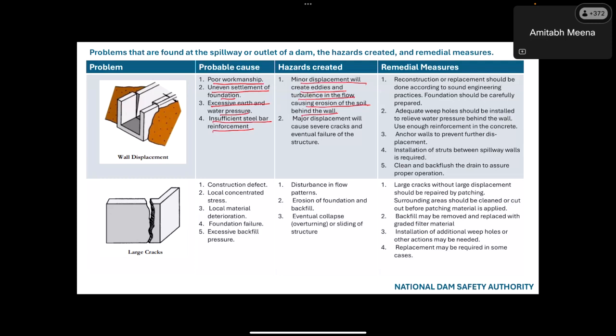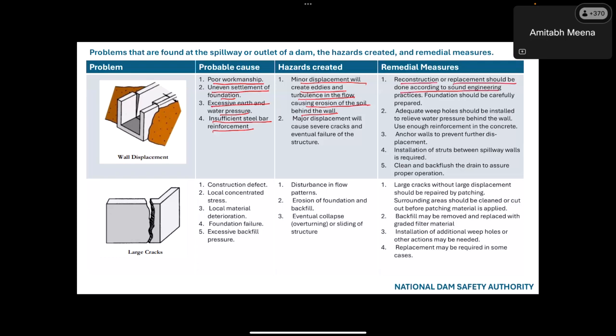So we have to immediately repair such cracks so that it will not further deteriorate the situation. The remedial measures we can take, recommendation or replacements, should be done according to sound engineering practices.